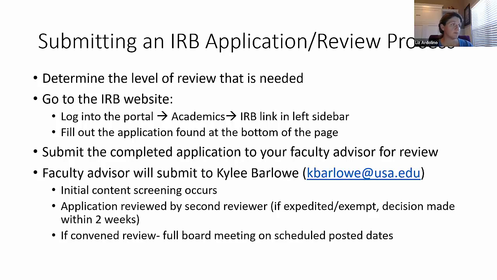And so if it is an expedited or an exempt review, that secondary reviewer will send back their decision to Kylie Barlow, and she will send you a letter either approving it or saying what modifications need to be made before it's approved.